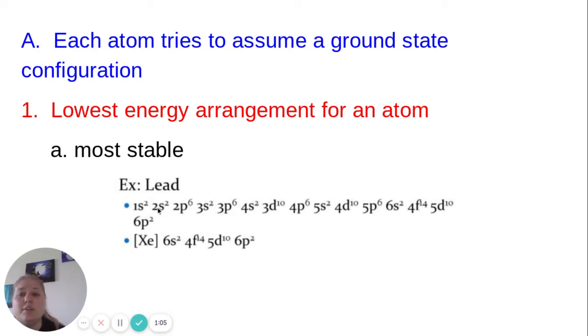But here is an example of what an electron configuration looks like. So the numbers here, 1, 2, 3, those represent energy levels. Like I said, in their most ground state, they fill the energy levels in order.